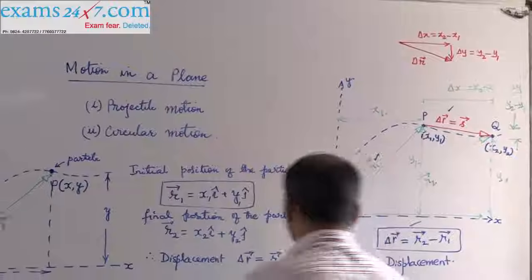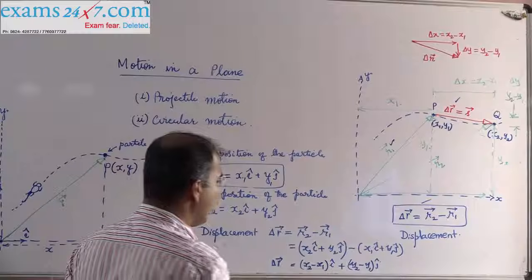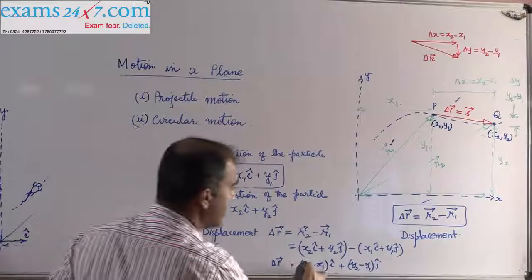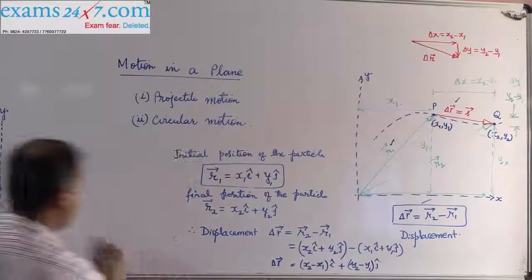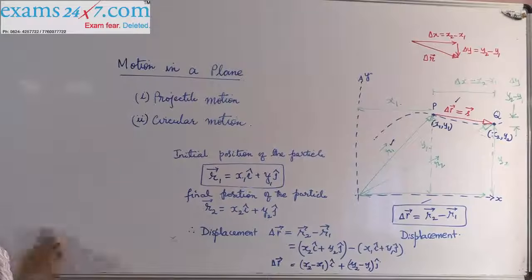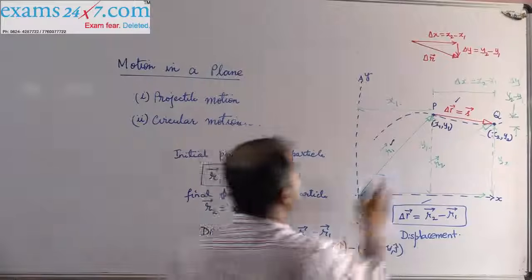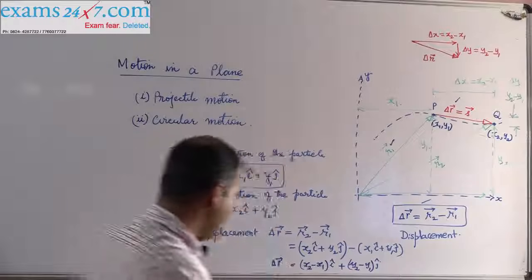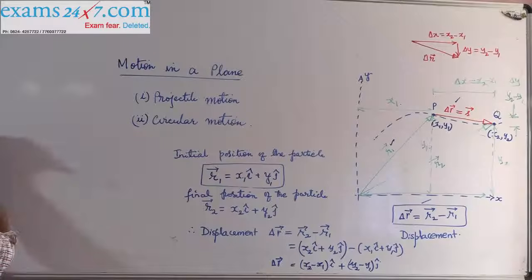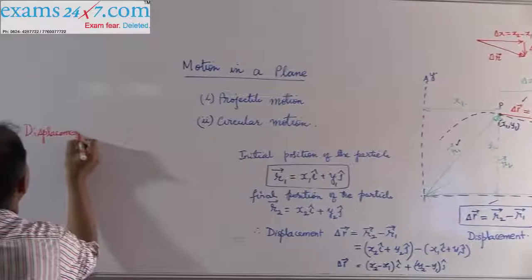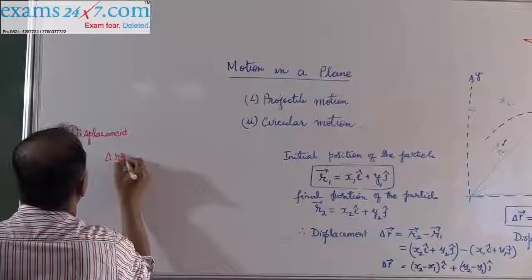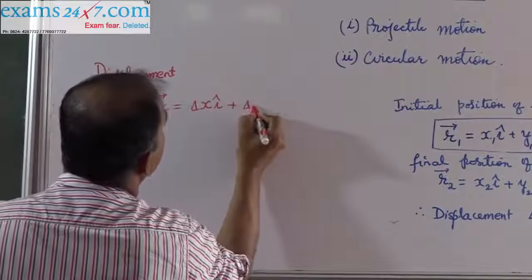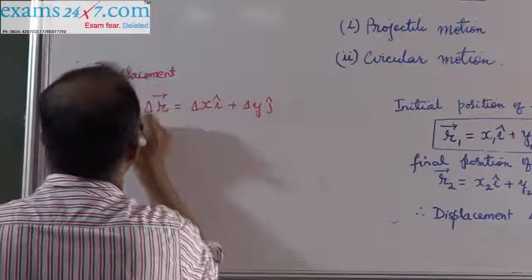So delta r vector can now be written as (x2 minus x1) i cap plus (y2 minus y1) j cap. Since we have already chosen a new notation for x2 minus x1 as delta x and y2 minus y1 as delta y, we may finally write the displacement in general as delta r equals delta x i cap plus delta y j cap.